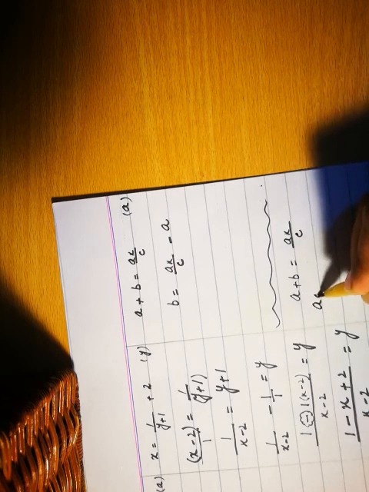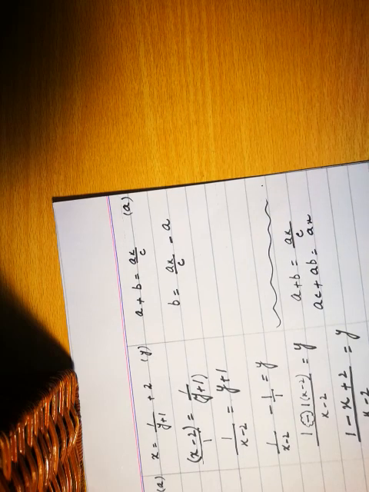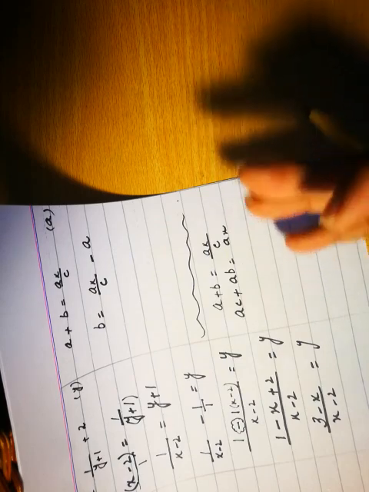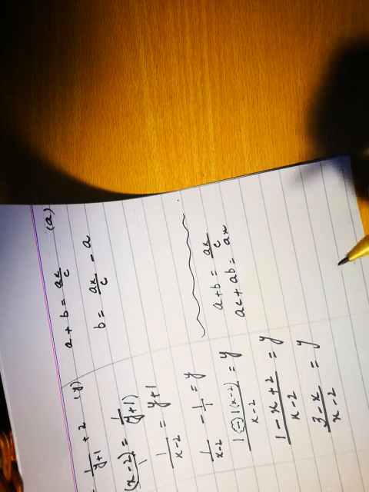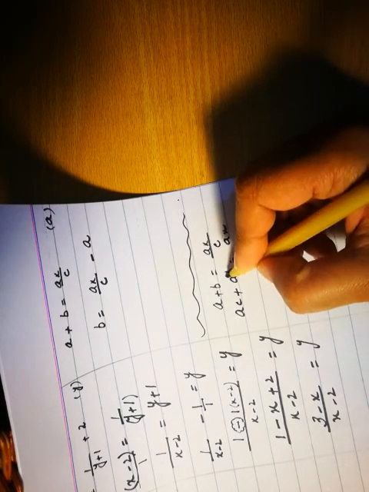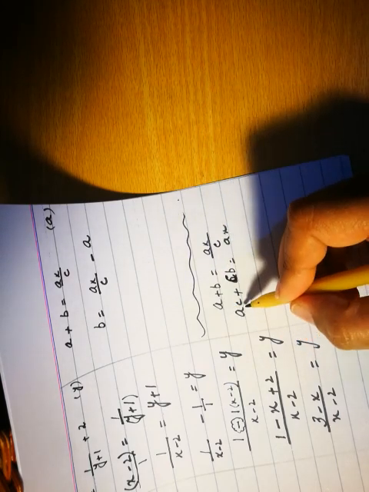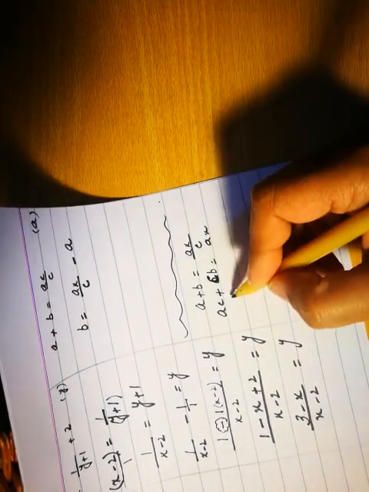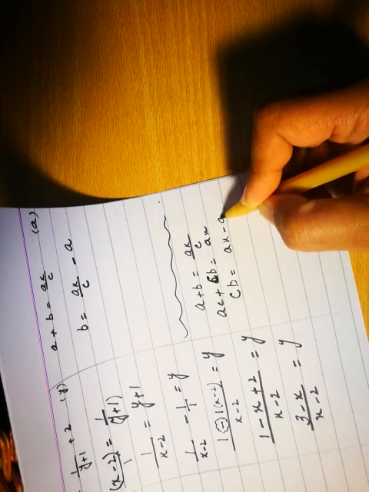So it means AC plus AB will be there. Using this one step, I'll be avoiding taking the LCM and the rest of the steps. So now I'm having, this is CB. I shifted C to this side, so A times C plus CB is also over there. Now AC will be shifted to the other side, CB will be left here, AX minus AC.